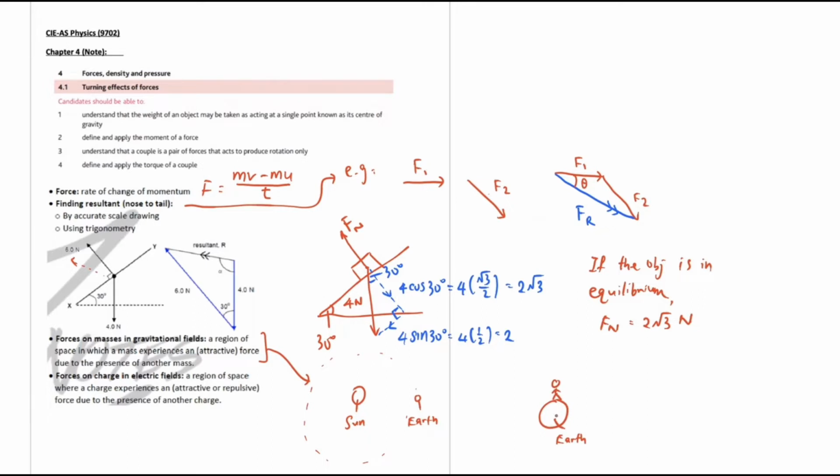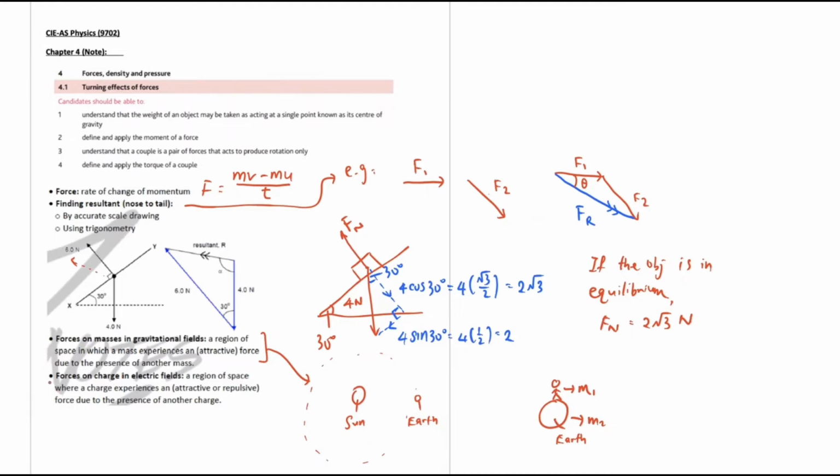But in fact, both are attracting each other. So we must have mass for two of these to form the gravitational force. They must have the presence of another mass. So the mass of the earth and the mass of the human being are attracting each other. This is just the concept, and you will learn this again in A2. It's details, so now it's just roughly first.